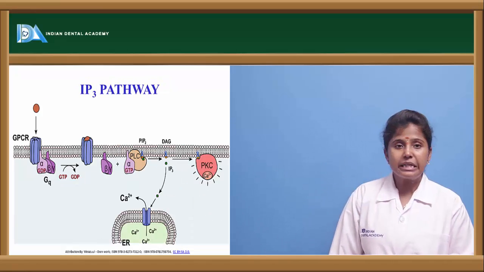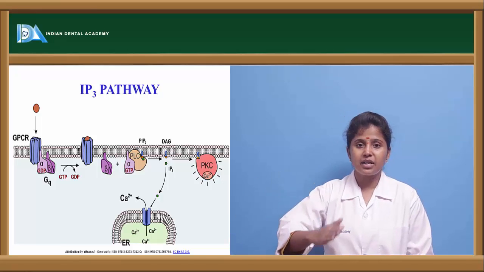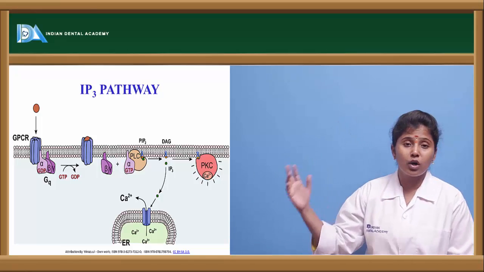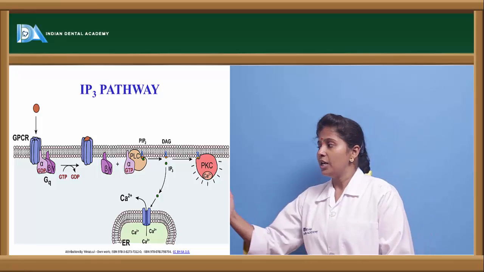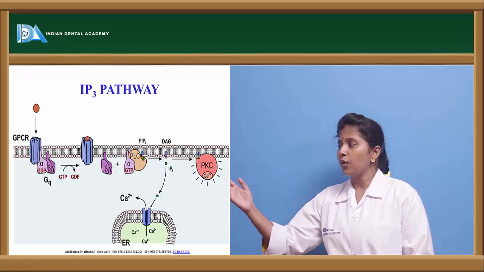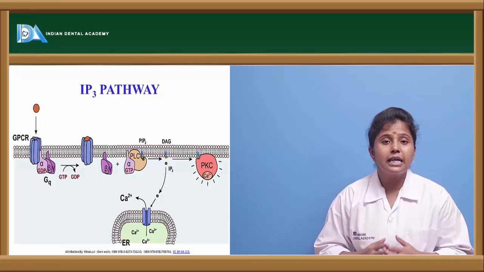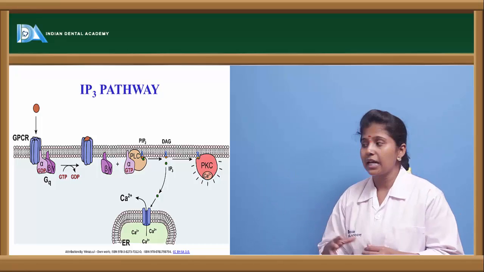If you see the IP3 pathway, here the initial step is the same. GTP is converted to GDP. After that, the process is different. Here, once the GTP is converted to GDP, we can see PIP2, that is phosphatidylinositol diphosphate, and diacylglycerol.